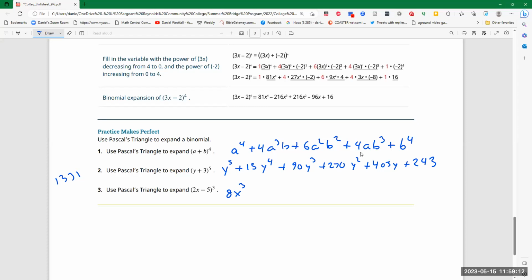Then this is going to be plus, I'm just going to write this, 3 times 2x squared times -5, plus 3 times 2x times -5 squared, plus -5 cubed.